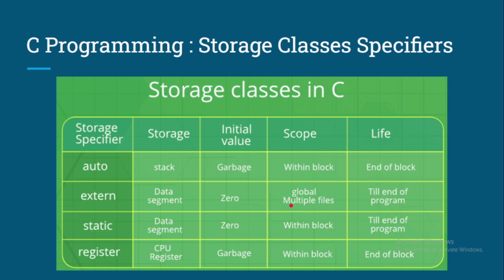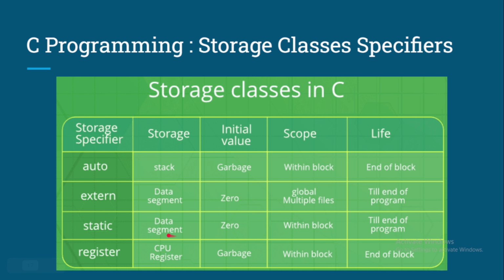Its scope is global, across multiple files, which means we can use it in the entire program, and also in different files if we include that file in another code. Its life is till the end of the program, as we can use global variables throughout the program, in any area.